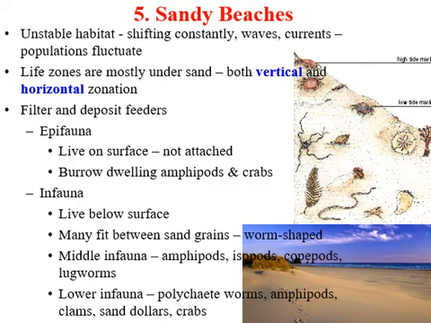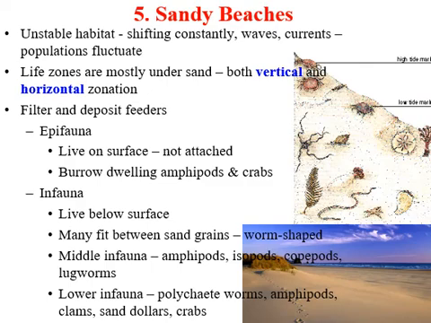With the sandy beach, this is one of the few marine ecosystems where you have horizontal zonation, like we'll see with the rocky shore, and we saw with the salt marshes, and see with seagrasses. This horizontal zonation is moved from the water onto land.